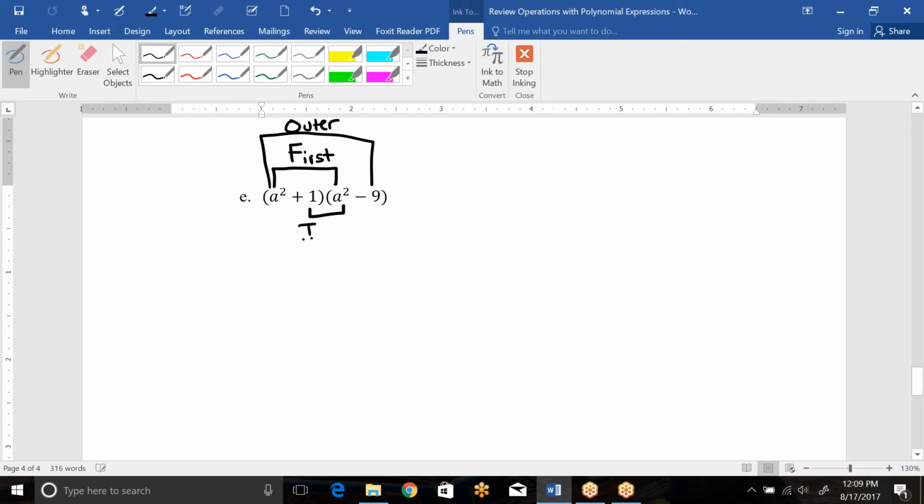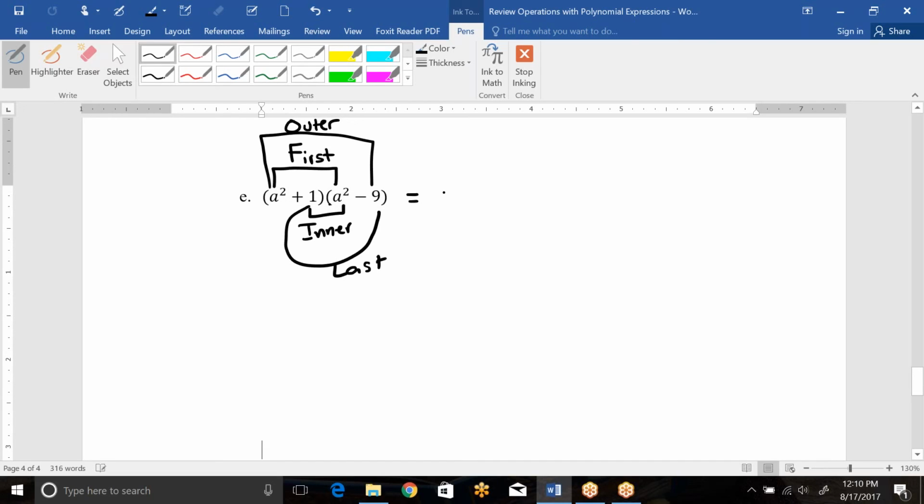Then we do inner terms together, that's the ones that are closest to the middle parentheses. And then we do last position in each binomial. That is essentially just the distributive property. The only thing you have to be careful of here is that you make sure you're actually multiplying in between. If this was a plus sign in between these two parentheses, you do not need to FOIL. FOIL is only for multiplication.